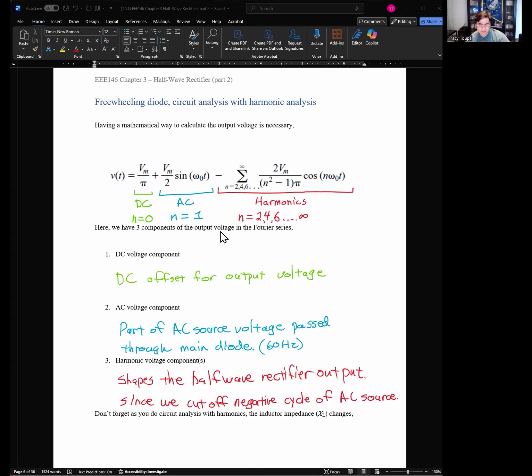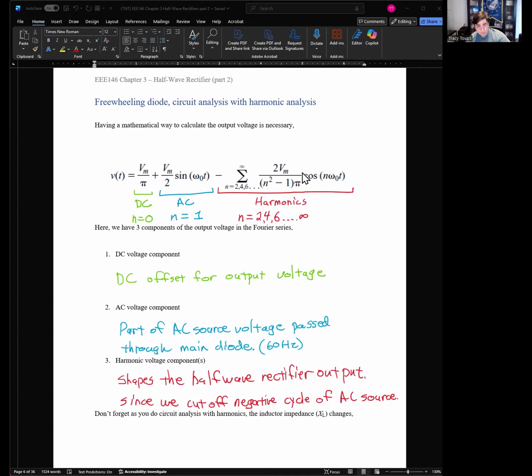Kind of said right here, but I'll repeat it. We have 3 components of the output voltage of this Fourier series: a DC component, an AC component that is part of the AC source and passed through the diode, and this typically n equals 1 is 60 hertz for America. And then higher order harmonics shape the half-wave rectifier output, since we cut off the negative cycle.